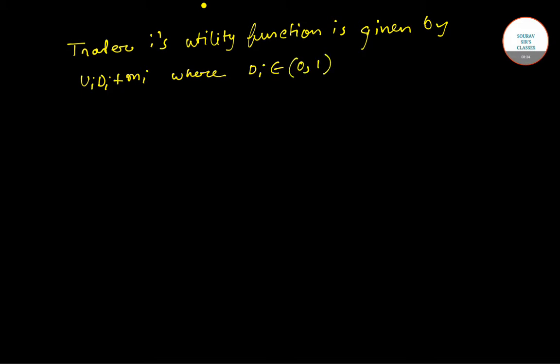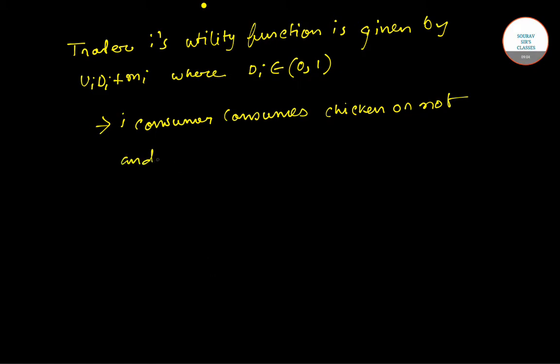This indicates whether consumer i consumes a chicken or not, and mi is his money balance.